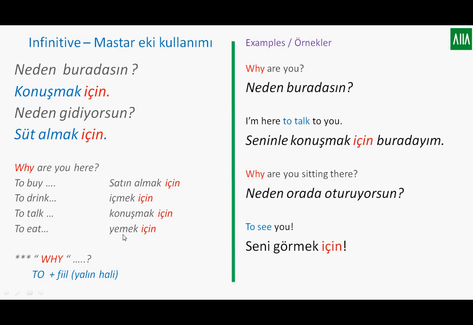As you see here, mak, mak. After that we use the reason why, so için. As I said before, we must use these forms to describe the verbs, okay? This is an important part here.